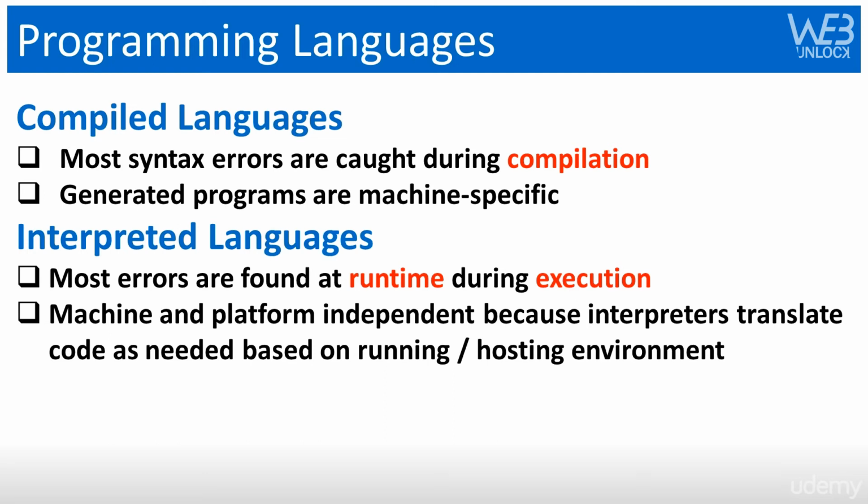That's why it's called a compiled language. The nice thing about compiled languages is that you know ahead of time what kind of errors you have and can fix them. And also, it allows the compiler to generate machine-specific code. So that's the advantage of a compiled language. The next type is the interpreted language.